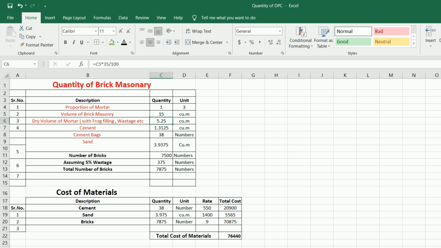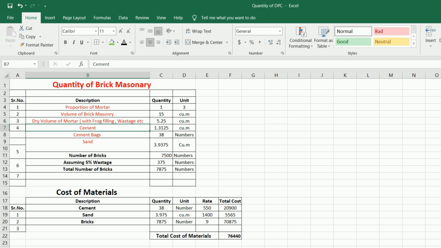The formula is equal C5, where C5 is volume of brick masonry, which is 15, multiply 35 divide by 100, because we are using 35% mortar. So you will get the value 5.25 cubic meter.